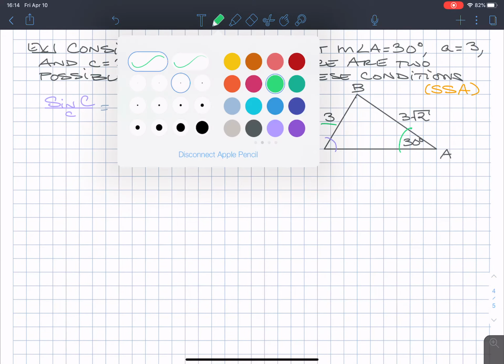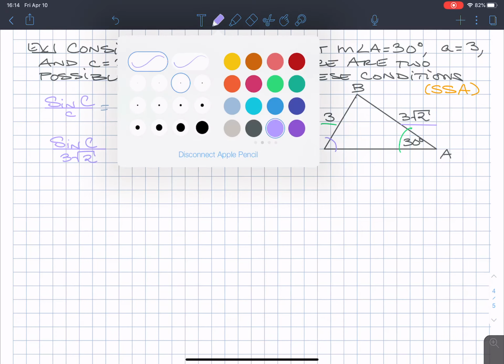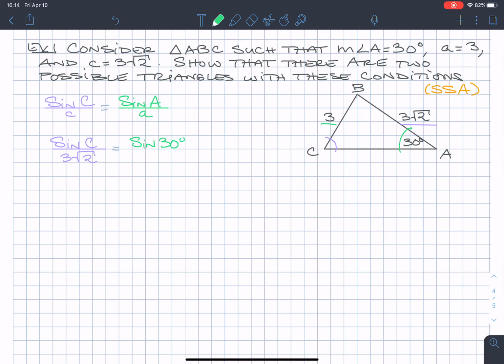Okay. So we have sine of angle C. Angle C is what we're looking for. Divided by the length of little side C, which is 3 root 2. That's equal to sine of 30 degrees divided by 3.